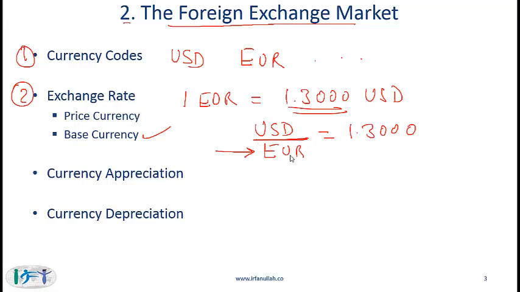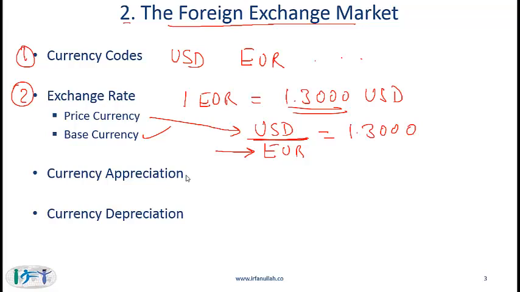So 1 euro is worth 1.3000. We are quoting the price of 1 euro in terms of the dollar. So this is the convention used in the curriculum. You will see other conventions used in the market, and so as not to confuse you, I will not even mention the other conventions.